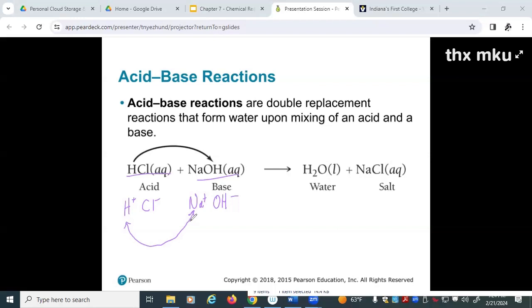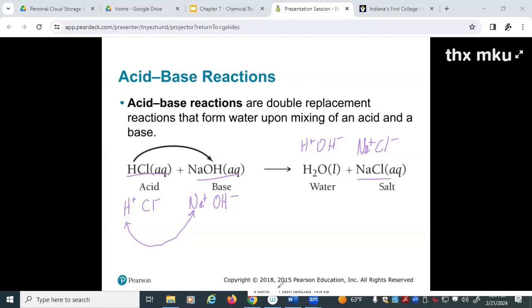So when I do that, that means that the sodium now is with the chlorine. That's how I get the sodium chloride, Na plus and Cl minus makes sodium chloride. Where does the water come from? Well, the hydrogen ion is with the hydroxide ion. H plus, OH minus, that's now H2O. So with acid-base reactions, we are always going to see this kind of pattern.